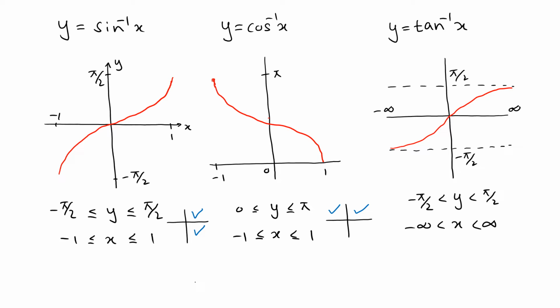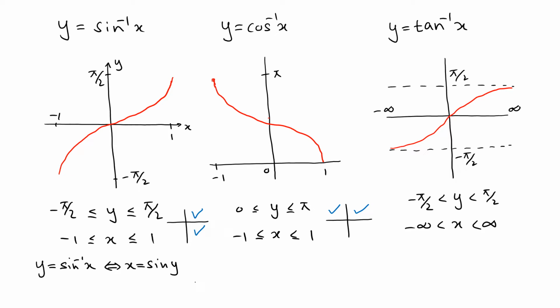And then we define it this way: y equals sine inverse x if and only if x equals sine y. That is what we need when we want to solve problems.